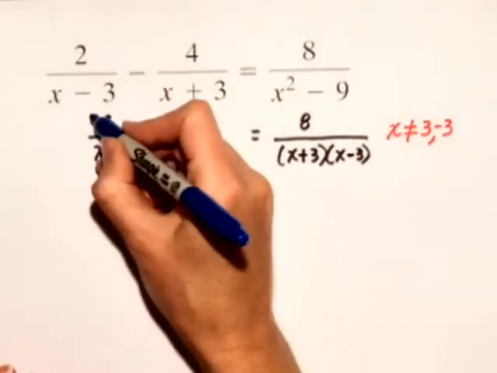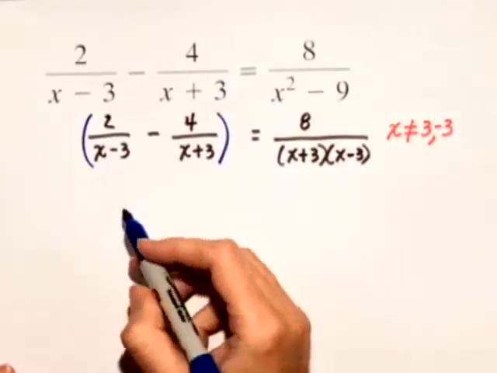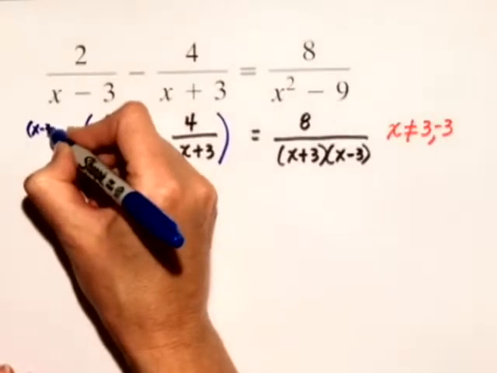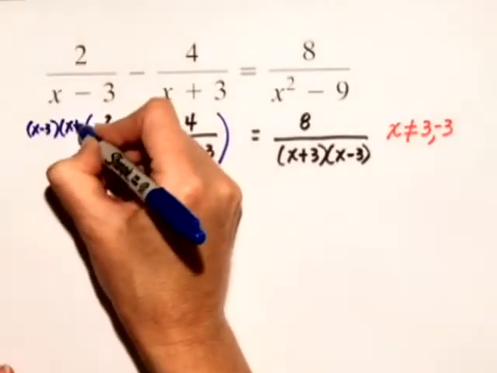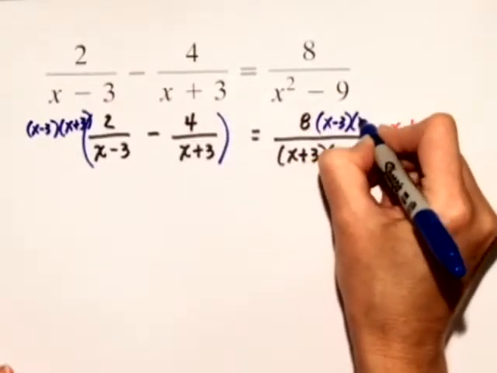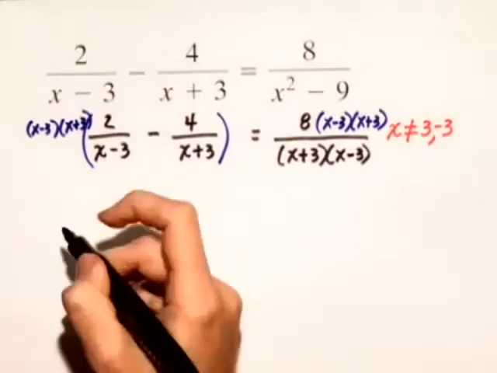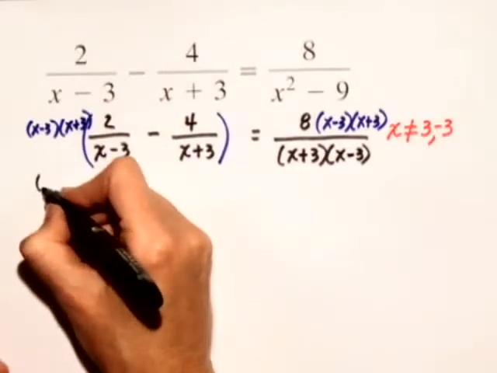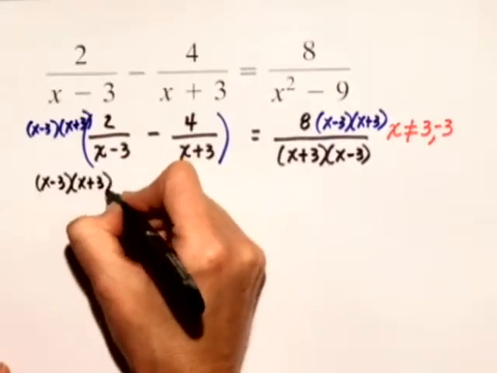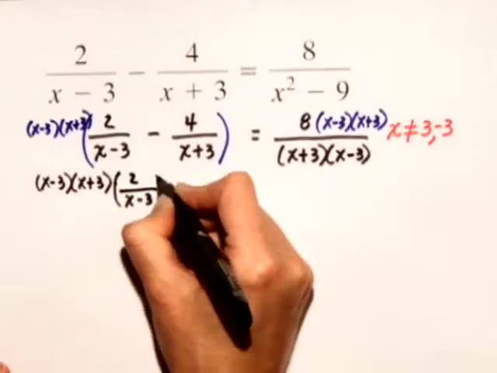We're going to multiply both sides of this equation through by what we just talked about, the quantity x minus 3 times x plus 3, on both sides. When we do that, we're going to have x minus 3 times x plus 3 times 2 over x minus 3.